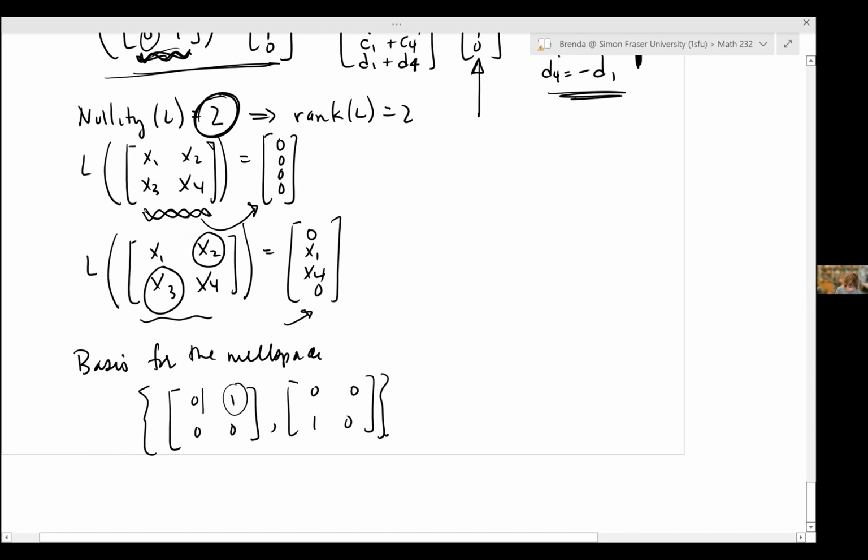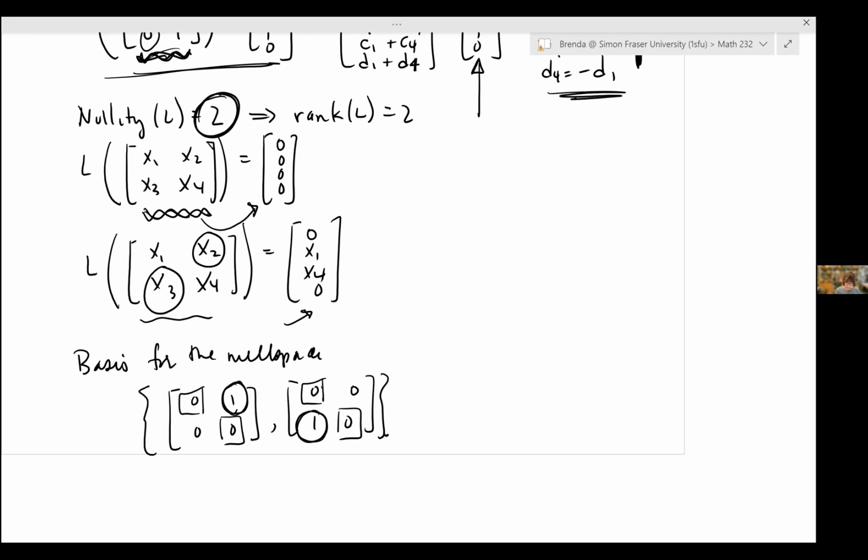In this case, x1 and x4 are both 0, so no matter what number this is, you'll get the 0 vector out. Similarly here, x1 and x4 are both 0, and it doesn't matter what this number is. So all linear combinations of these 2 vectors are going to produce an output vector of 0.